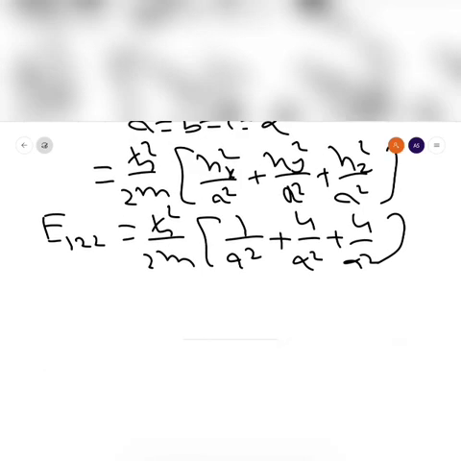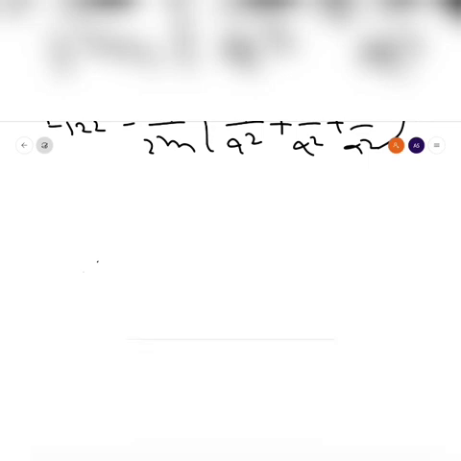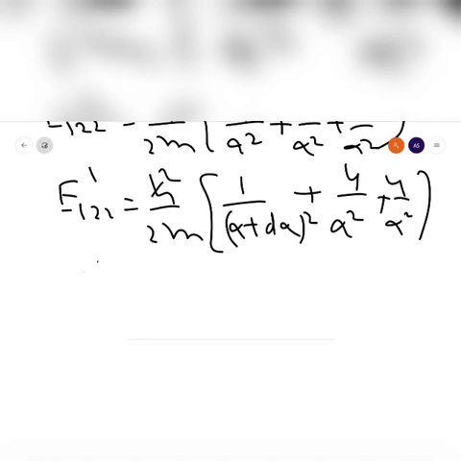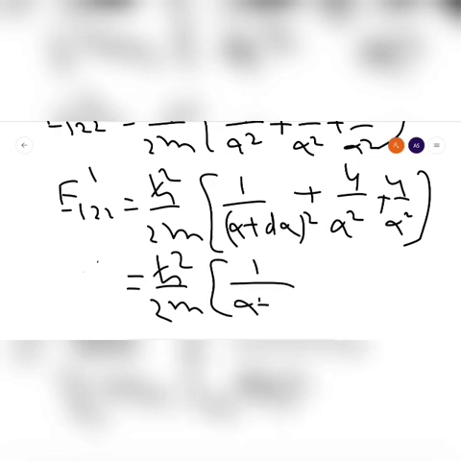According to the question, when the length is increased, what will be the new energy of the state 1, 2, 2? It is h square by 2m times 1 upon (a plus dA) square plus 4 upon a square plus 4 upon a square. Solving this relation, you will get h square by 2m times 1 upon (a plus dA) square plus 8 upon a square.